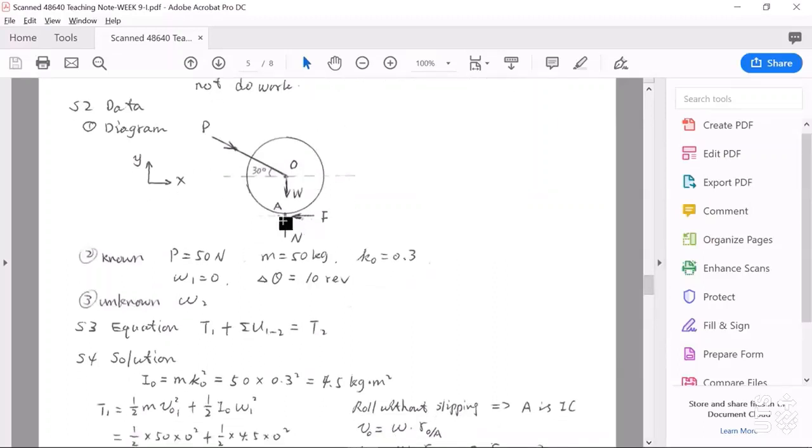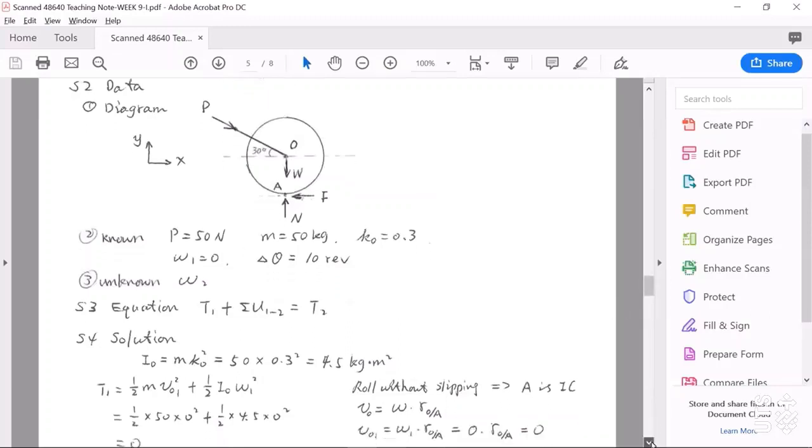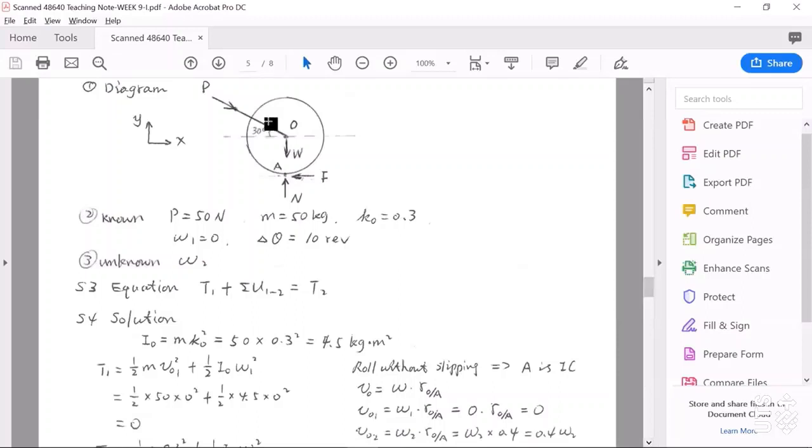Okay, for this one, I didn't give a diagram to show the initial position and final position. But it is very clear this wheel will be moving from this initial position to a final position at here.